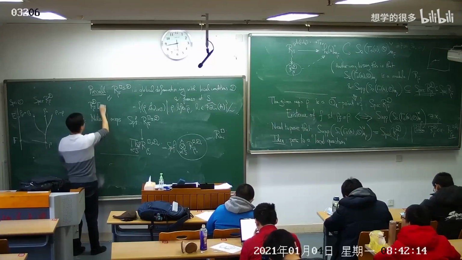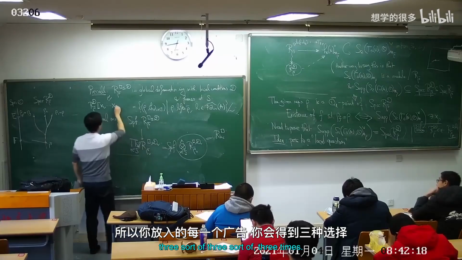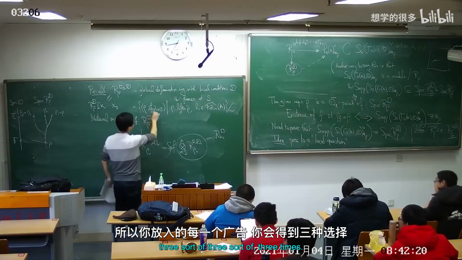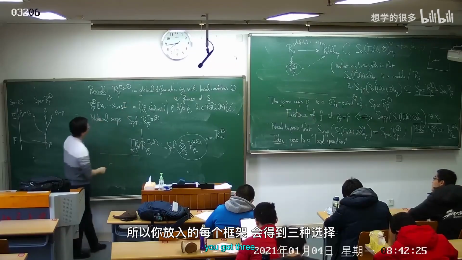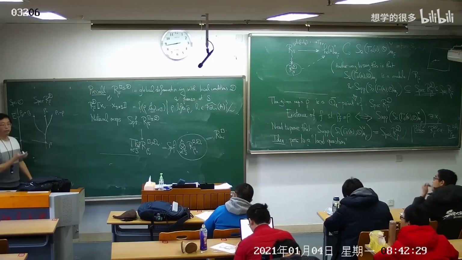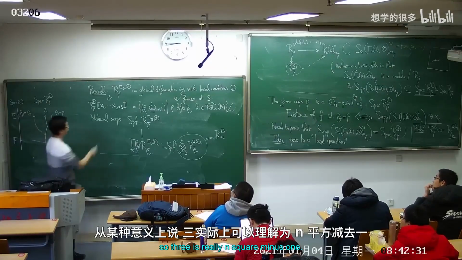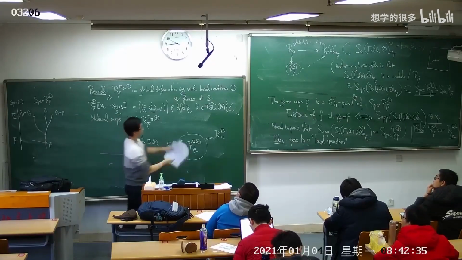X. So for each of the S you put in, you get three times that. In a sense, 3 is really n squared minus 1. So PGL n is PGL2.